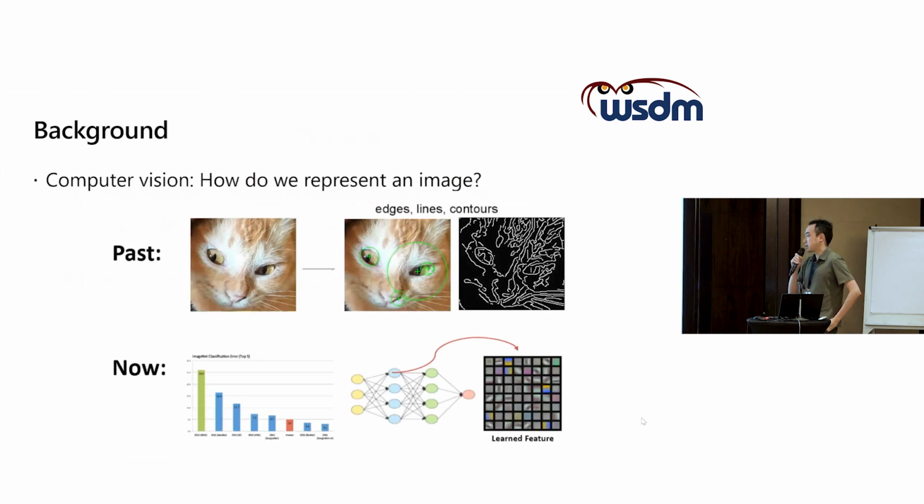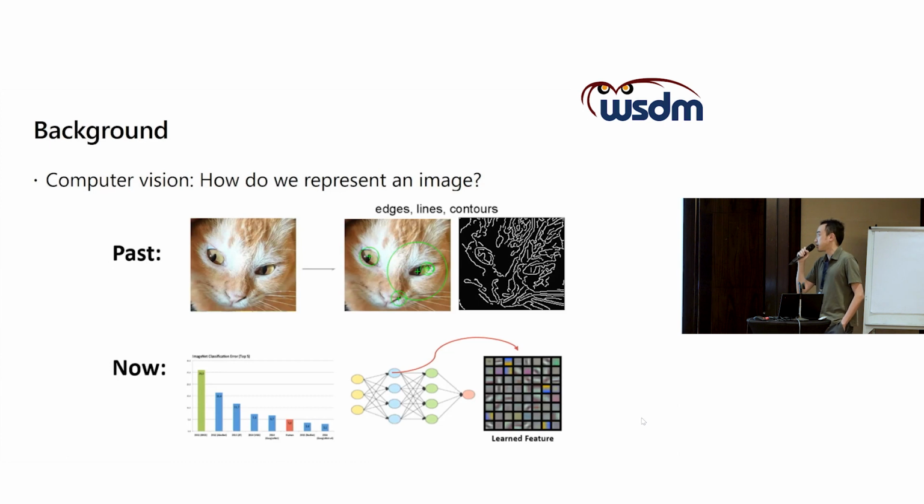I am working on the problem of computer vision, which is actually quite similar to the data science and data mining problem. For computer vision, researchers have been analyzing this problem for many decades.